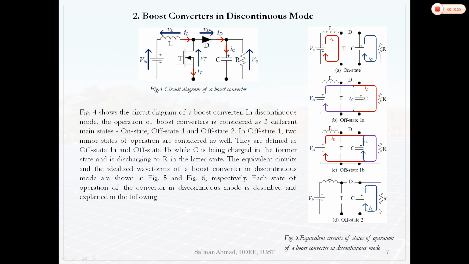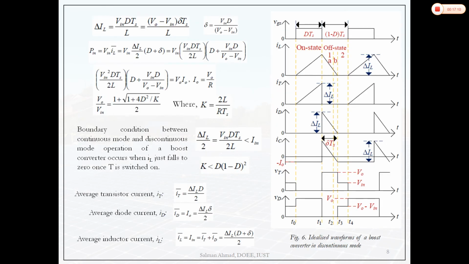Now in this off state 2 you can see both transistor and diode are turned off and not conducting. So in that case the capacitor only will supply to this load. From this explanation you can see that once the slope is positive the current is rising, and when the slope becomes negative the current IL will fall, and it becomes 0 before the next switching cycle starts.